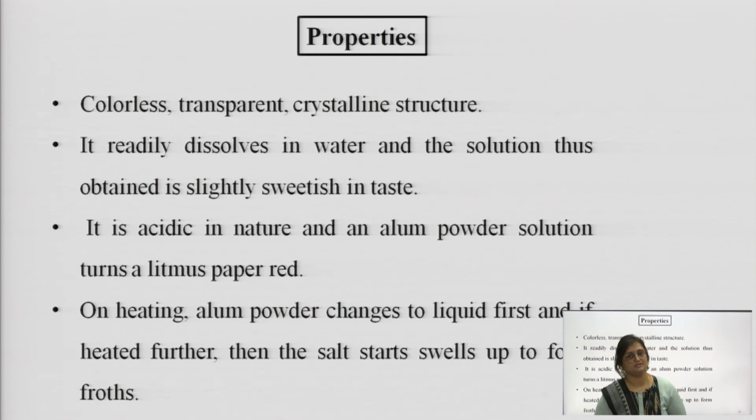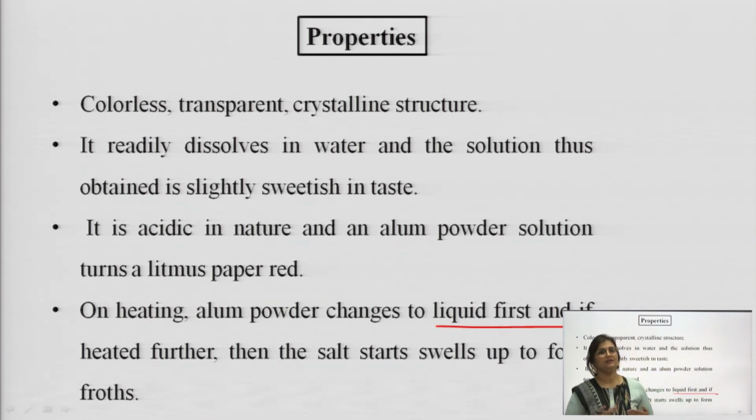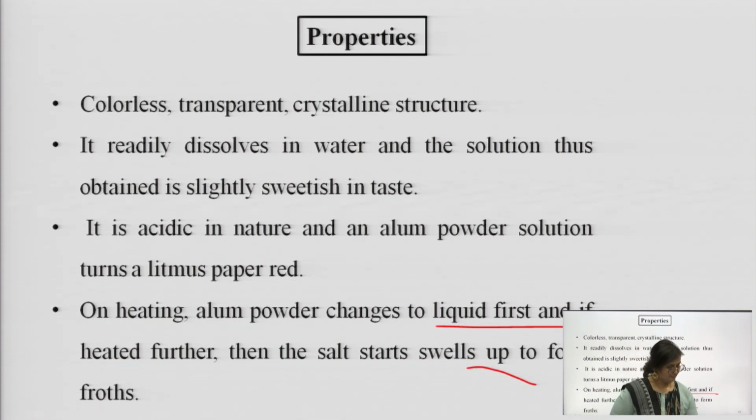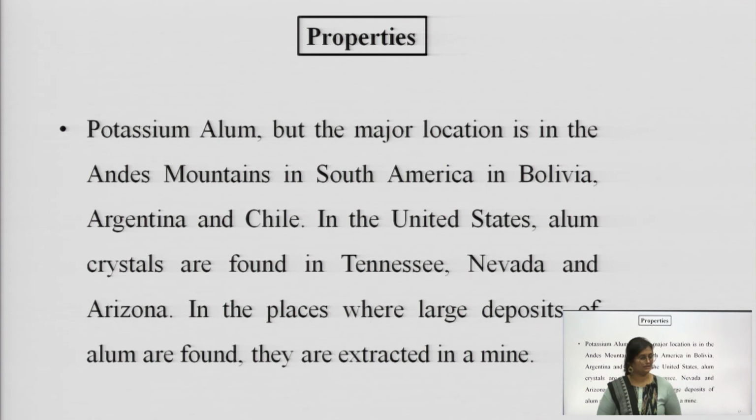On heating, alum powder changes to liquid first, and if heated further, it swells up to form froth. Potassium alum is mainly found in the Andes mountains in South America, in Bolivia, Argentina and Chile. In the United States, alum crystals are found in Tennessee, Nevada and Arizona.